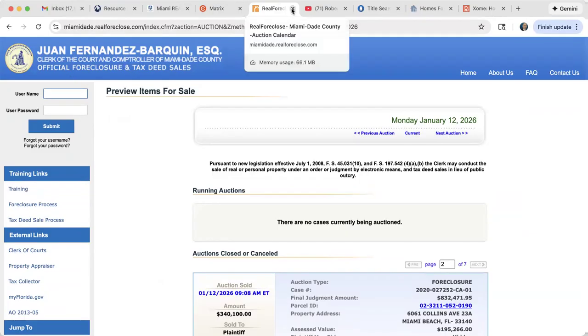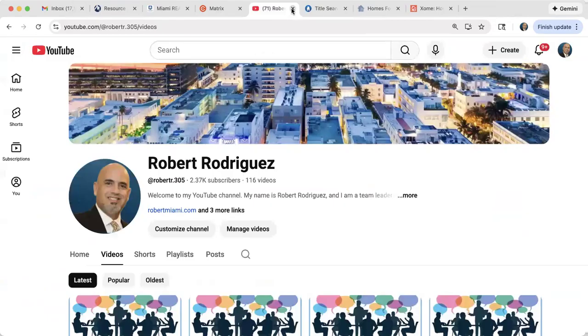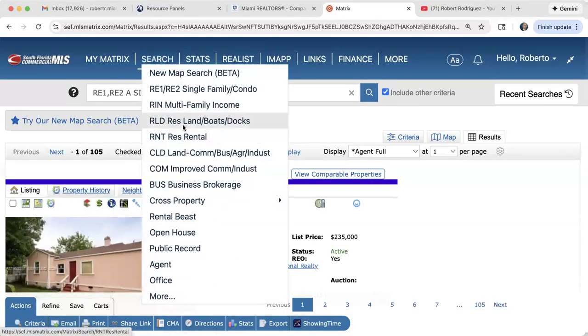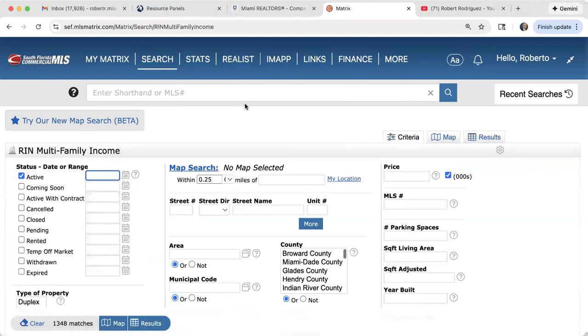All right, guys, let's switch focus and talk about rental income properties. Let's go to the MLS and run a multifamily income search. Of course, you may get investors that say, "Robert, show me condos on the water somewhere in downtown Brickell, South Beach."